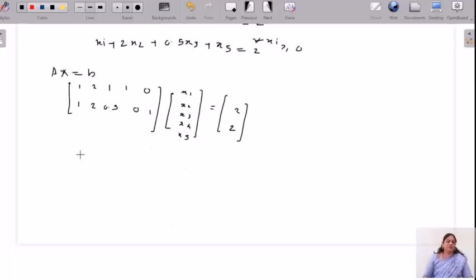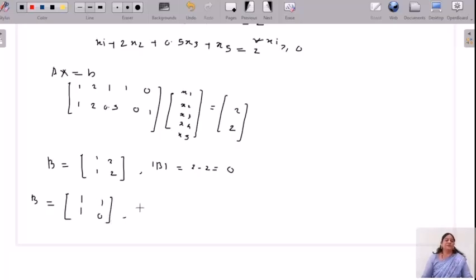In the definition we say to write a submatrix of A, say capital B. We consider a submatrix, suppose 1, 1, 2, 2. Then the determinant of B is 2 minus 2, which is 0. But we have to consider a non-singular matrix. Therefore, we consider another submatrix, say 1, 1, 1, 0.